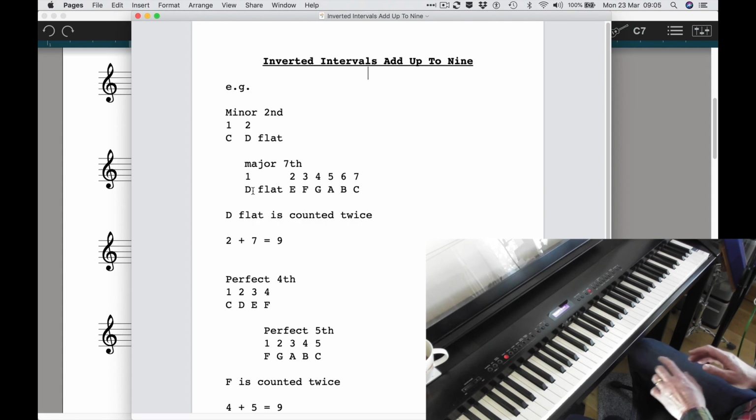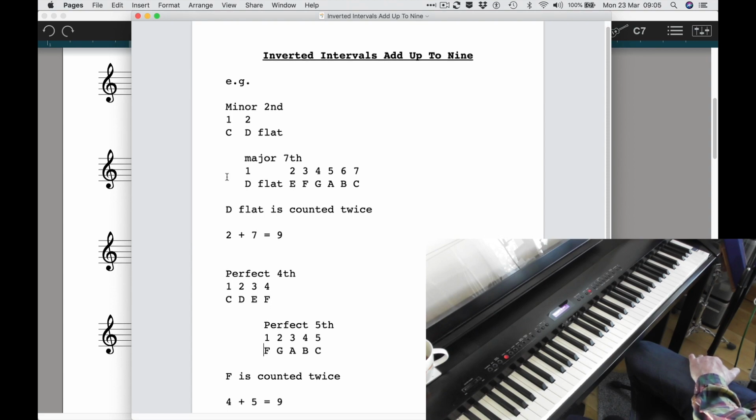So you count the D flat twice, and that's why it adds up to 9 and not to 8 as you would assume. Here's another one, perfect fourth, C, D, E, F, and the perfect fifth, F, G, A, B, C. You've got 4 here, 5 here, it makes 9, and the F is in both intervals. So the F is counted twice, 4 and 5 make 9.